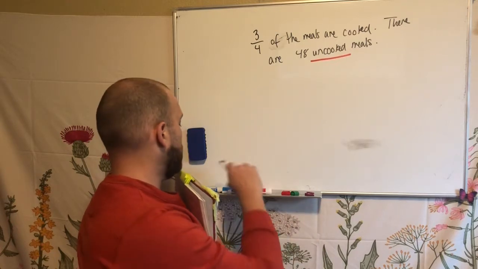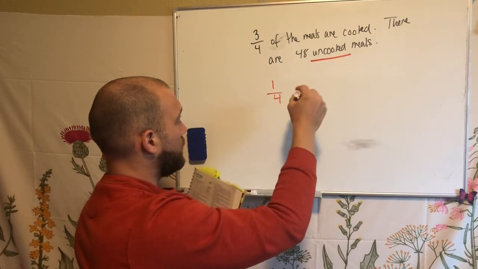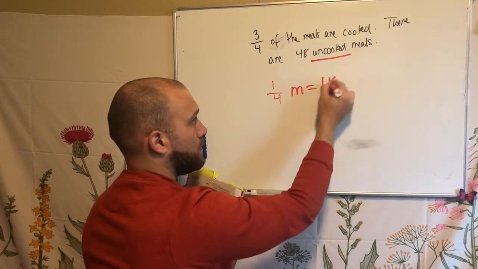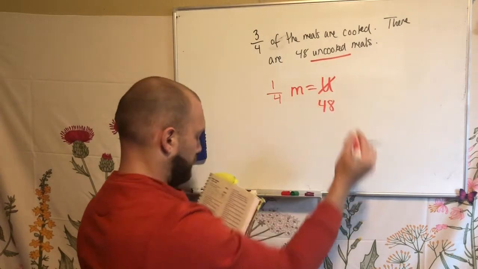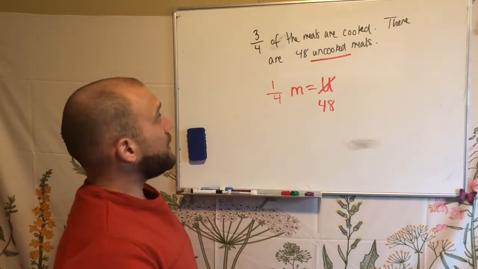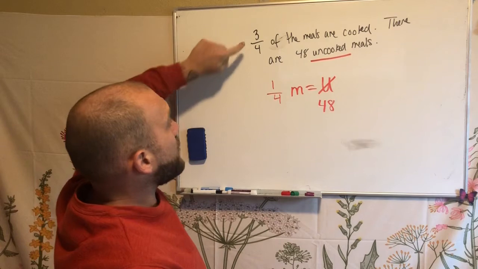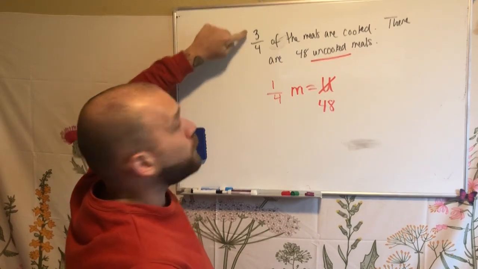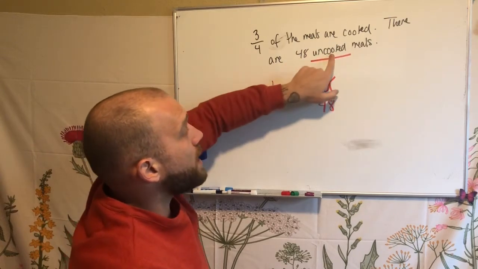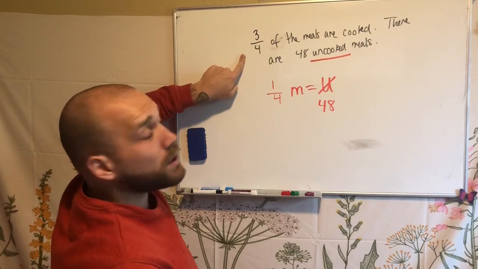Your answer should be 1/4 meals equals U. Cross out U and put 48. Because even though this one says 3/4 of the meals are cooked, you know that altogether you have 4/4. 3/4 are cooked. 48 are uncooked, so you're plugging in 1/4 because that's what's left over from 4/4.